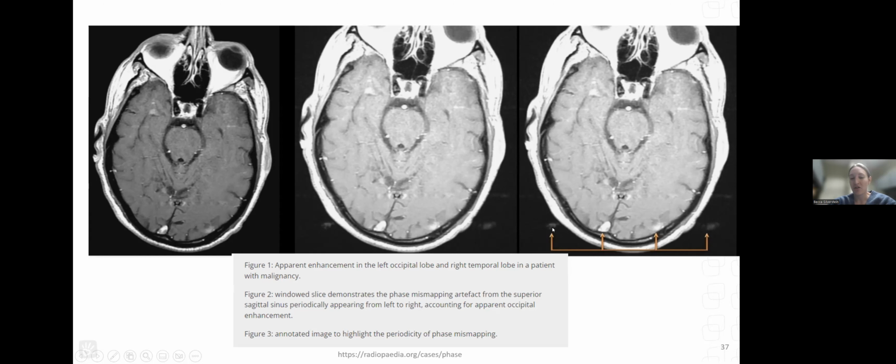And when you're actually able to measure it, this is actually the sagittal sinus that's being projected its ghost onto the left occipital lobe. And you can see that these are at equal intervals. So this is a ghost of that vessel here. So again, kind of an interesting way that artifacts can mimic pathology if you're not careful. So looking even outside the confines of anatomy is important.